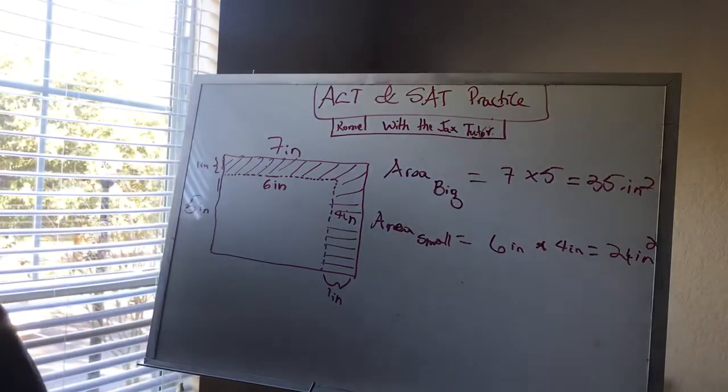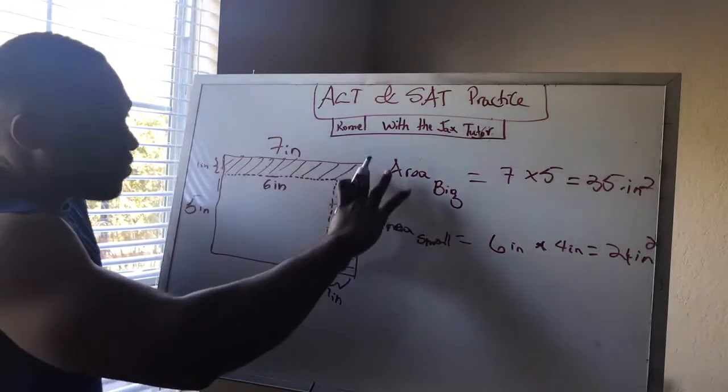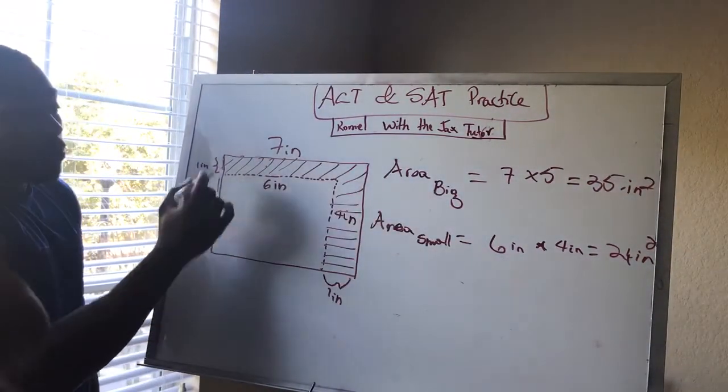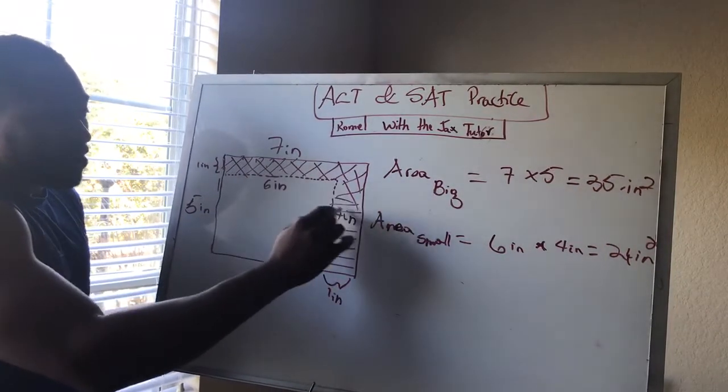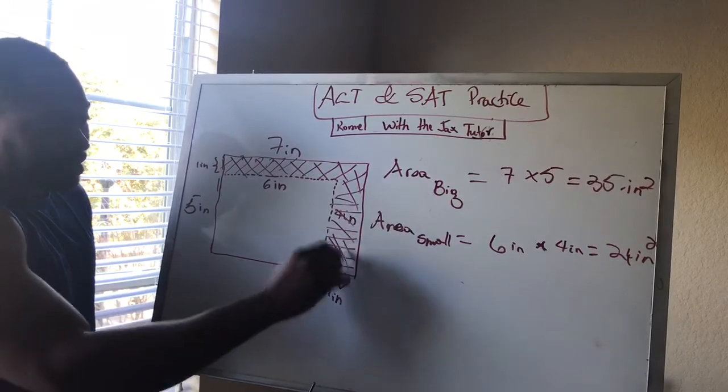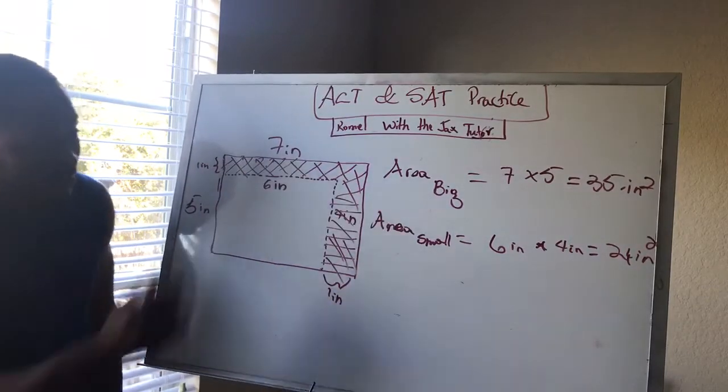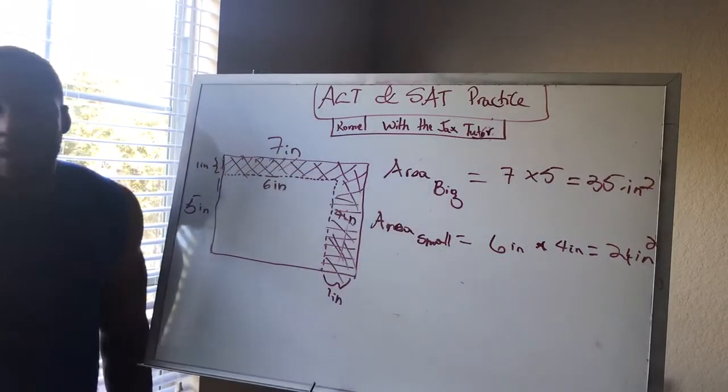All right, so we have the big one, we have the small one. We want this part right here. So if we take the big one and take away the small one out of it, all we have left is this area, which is what they asked us for.